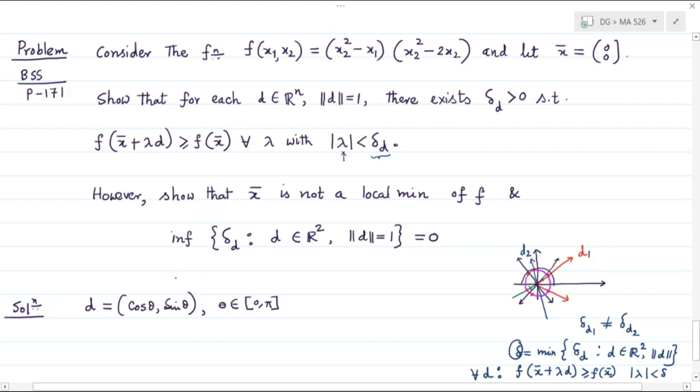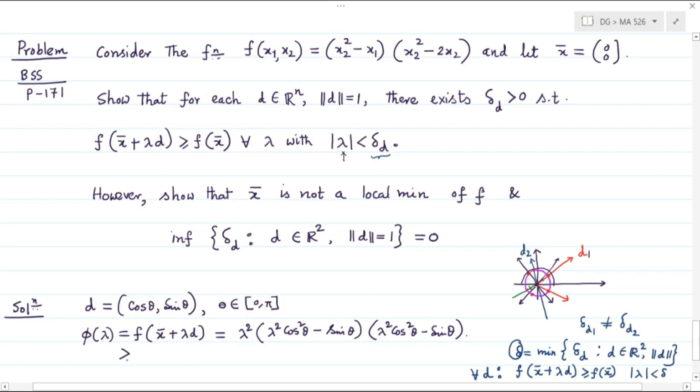Fine. Well, with this d, you note that your function phi of lambda, given by f of x bar plus lambda d, is greater than or equal to phi of 0.